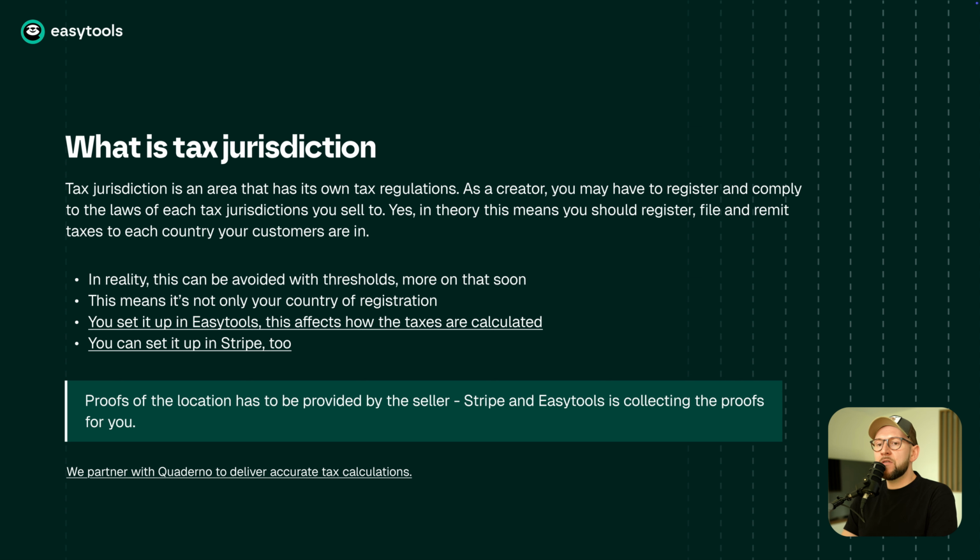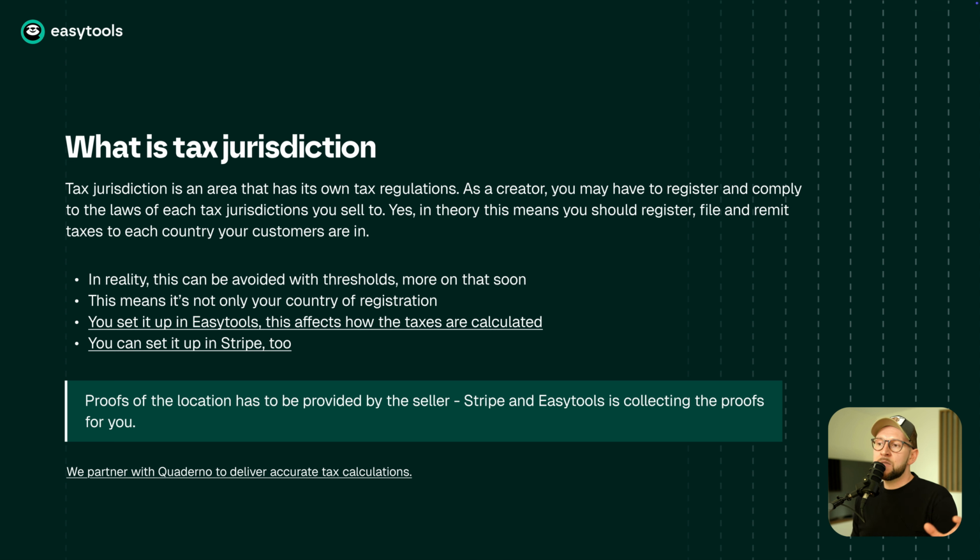And one more thing on that, because as you might understand now, it's really difficult to keep track of everything. In order to keep track of all the sales tax rates all over the world and the changes in law, it's impossible for you; a dedicated company has to do it. That is why we partner with Quaderno to deliver accurate tax calculations. We partner with the best in the world.